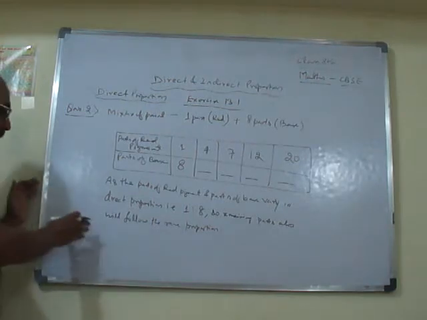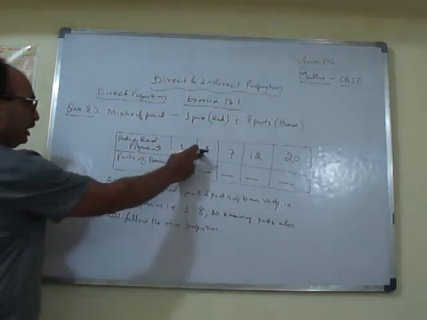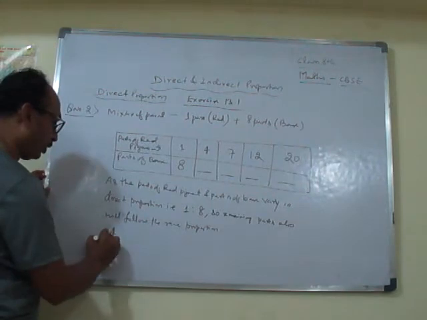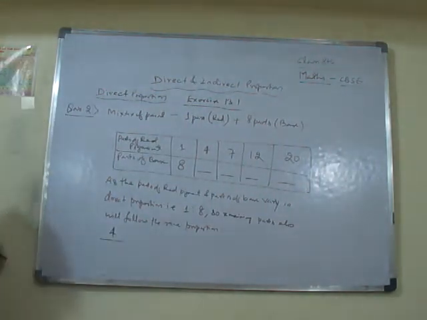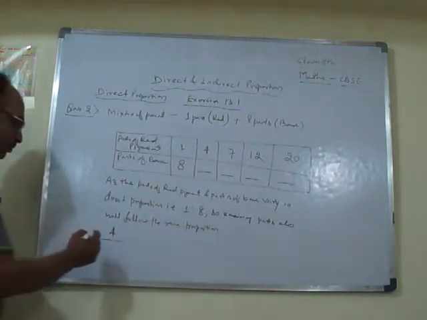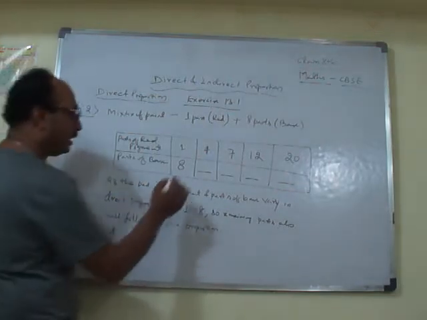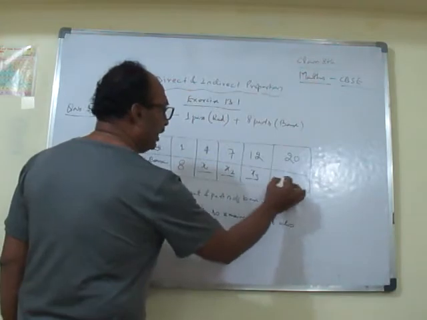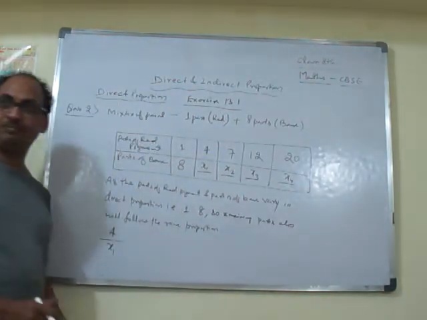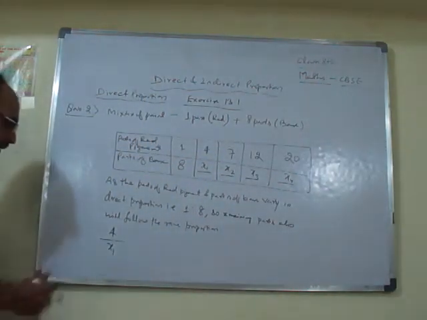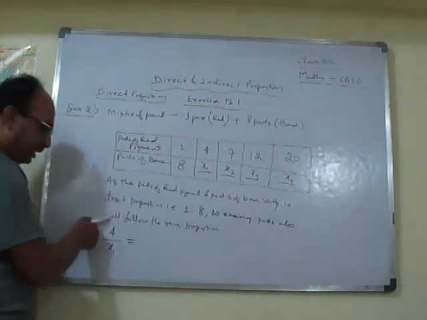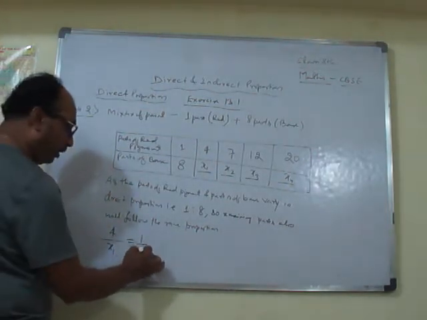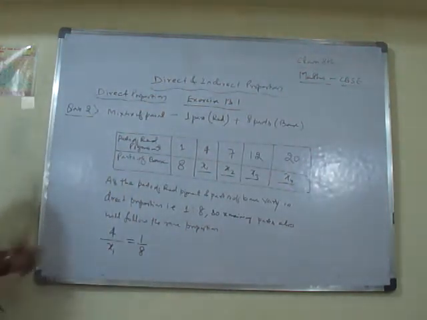So suppose this 4 parts of red pigment is there, and here we have some x1, then x2, x3, x4. If it is x1, then the ratio should give you 1 by 8. The ratio must give you 1 by 8.